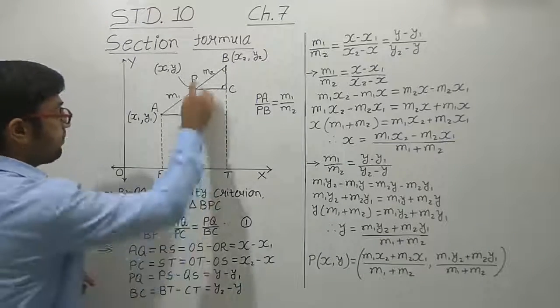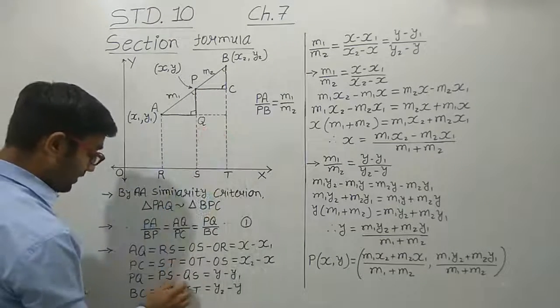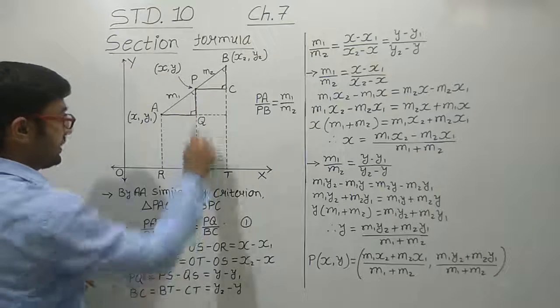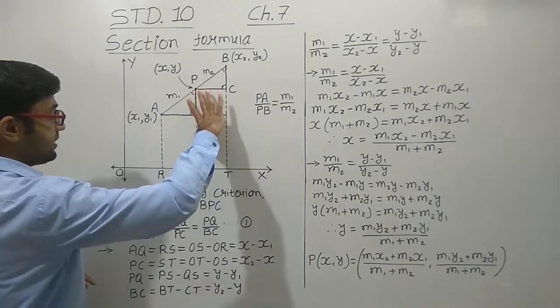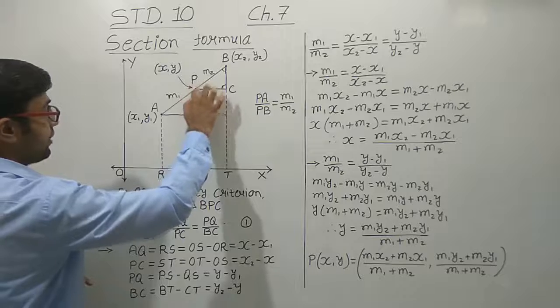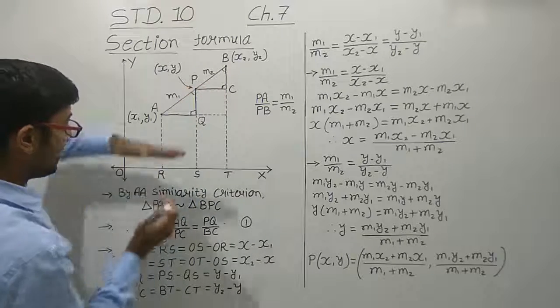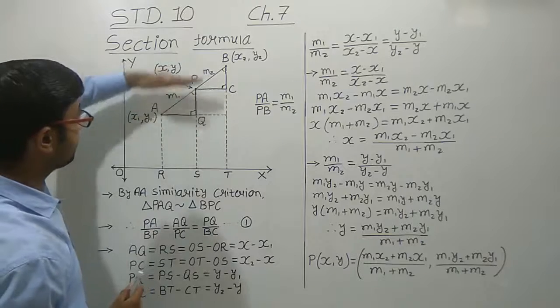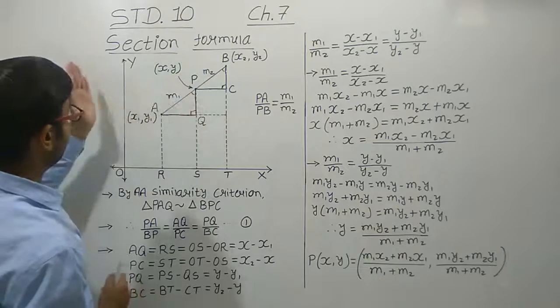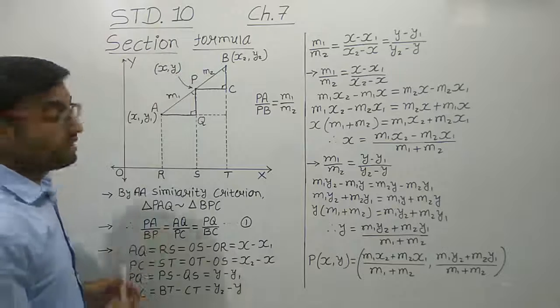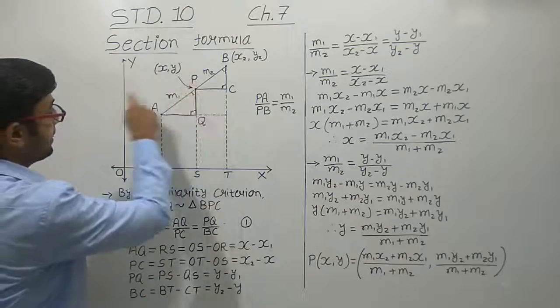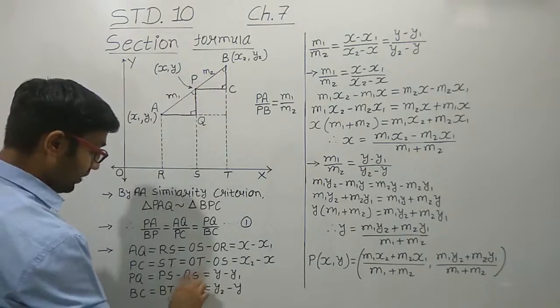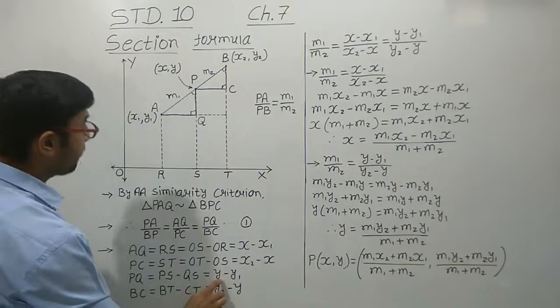Right? In the same way, now we can write down the PQ. PQ is PS minus SQ, that is PS minus QS. And what is PS? PS means the y coordinate of this point, because this point is how far from the x-axis. That is y. So here we write down PS as y.